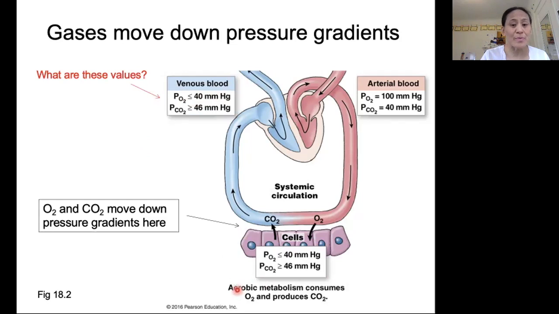So same reasoning as before. Our blood, as it moved past the tissues, equilibrated with the tissues, so it took on those same partial pressures. And then from that point on, we don't have any additional gas exchange, so it's going to retain those same values for PO2 and PCO2.